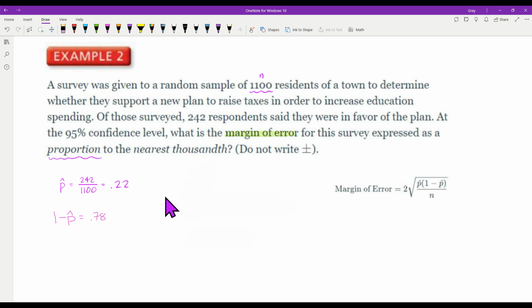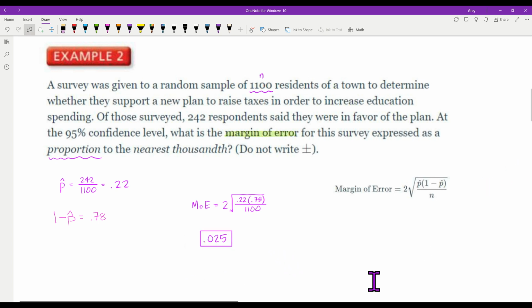So my margin of error using this formula is going to be 2 times the square root of 0.22 times 0.78 over my sample size of 1,100. My margin of error in this case for a 95% confidence level would be 0.025.